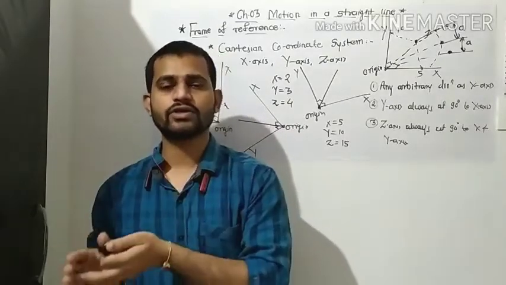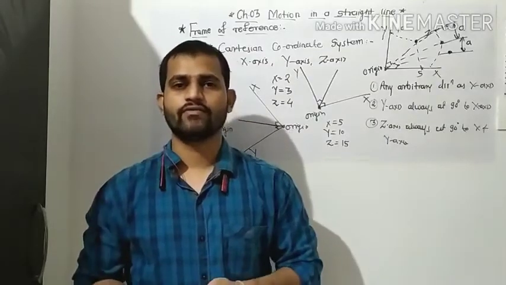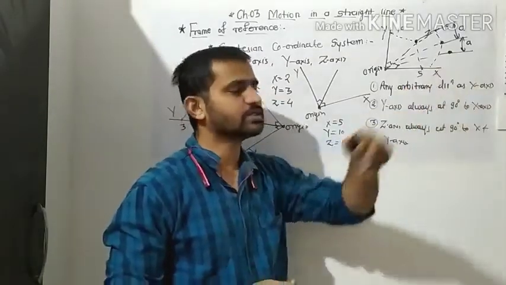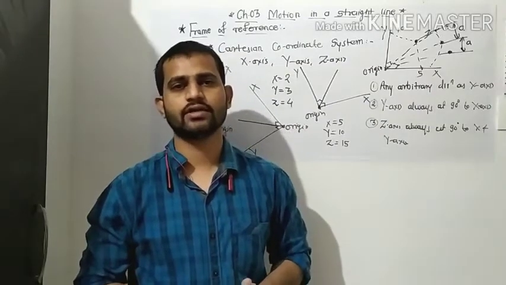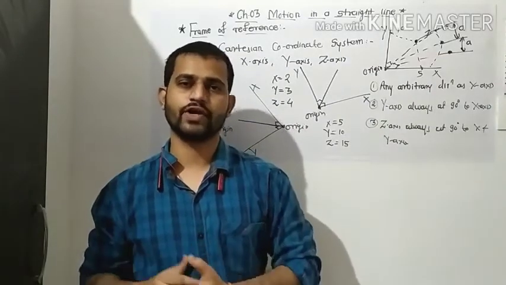If we count the distance after the same 5 seconds, and again it is coming as A, then it is in uniform velocity.